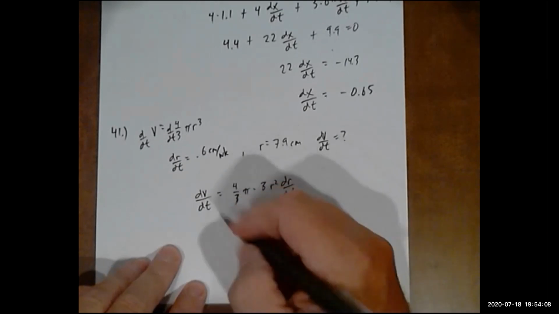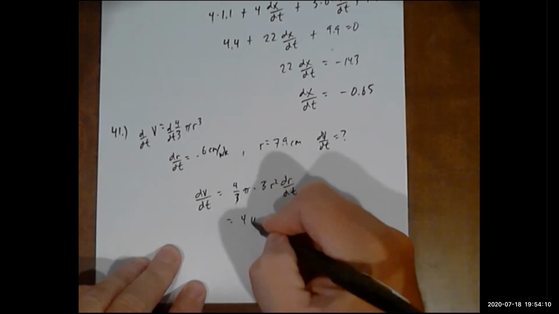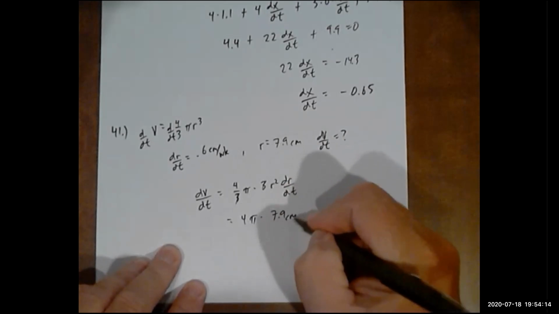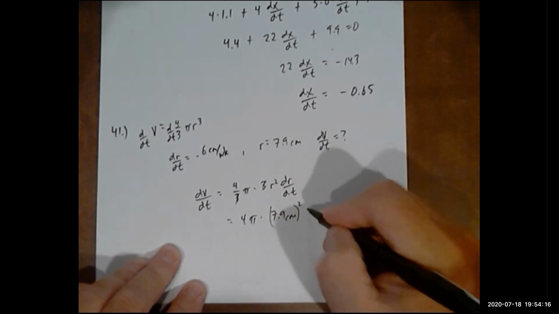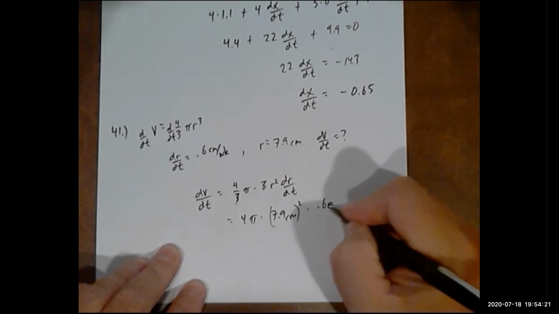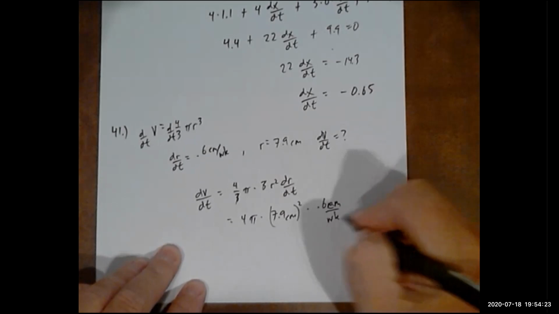3's cancel out. 4 pi radius, 7.9 centimeters squared. The radius is growing at 0.6 centimeters per week.